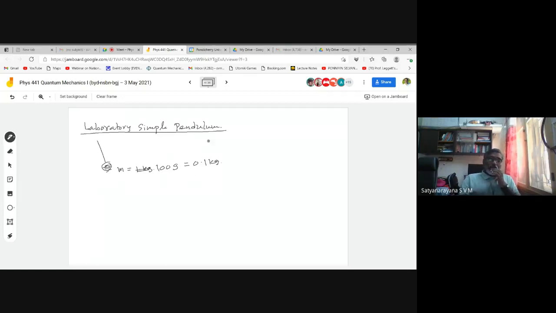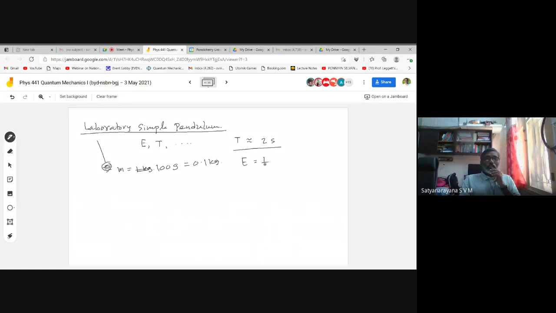Now, we know many properties of this pendulum. The pendulum has certain energy, it has a time period, and so on. Typical laboratory pendulums have a time period of the order of 2 seconds. And what is the energy?